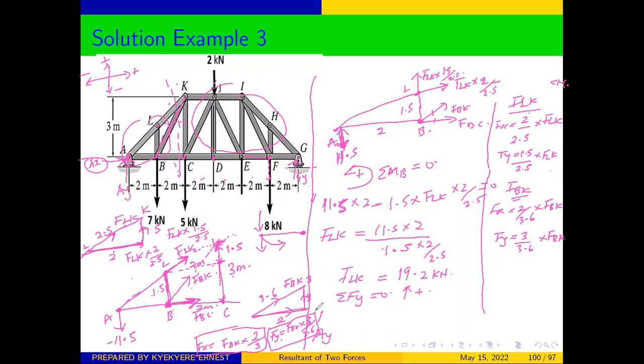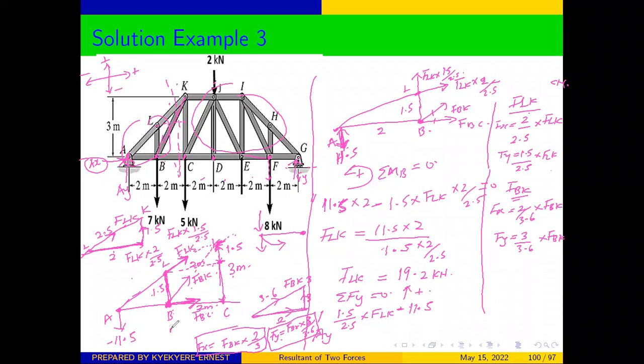Therefore, the y component of FLK will be 1.5 over 2.5 times FLK, minus 11.5, because this one was pointing downwards.